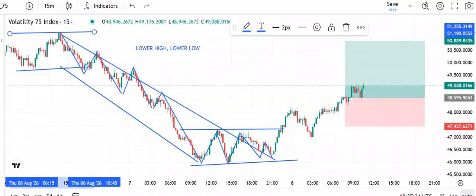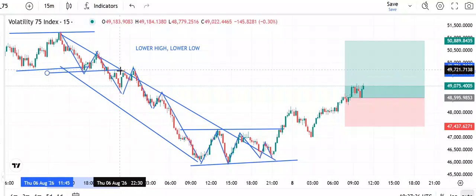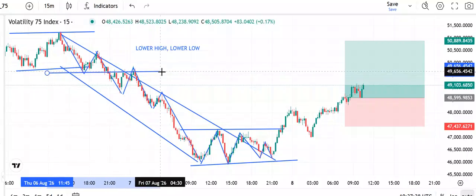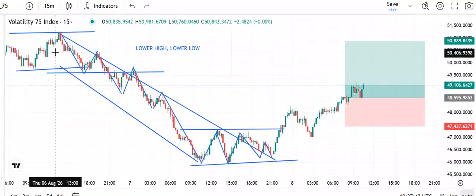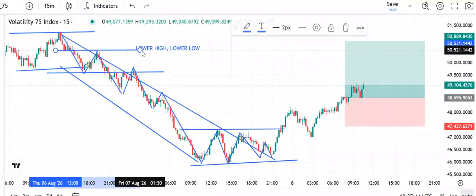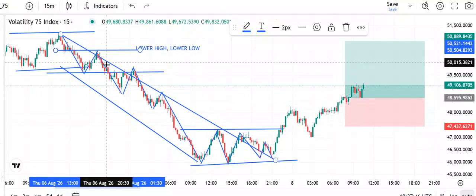So the distance of that very pullback as price breaks out is going to be your stop loss. Okay, from here to here, that will be your stop loss.